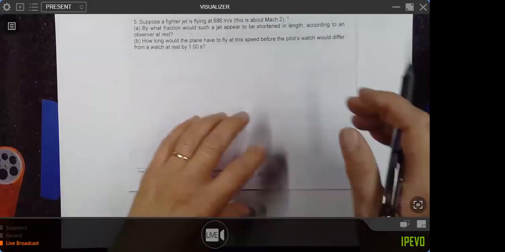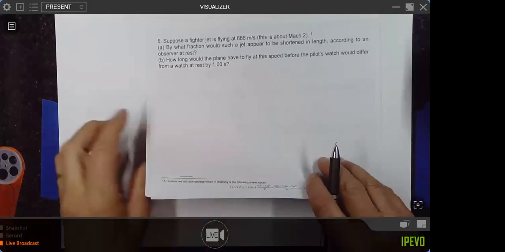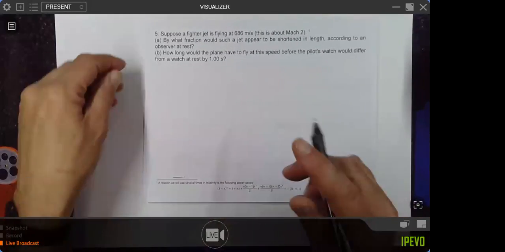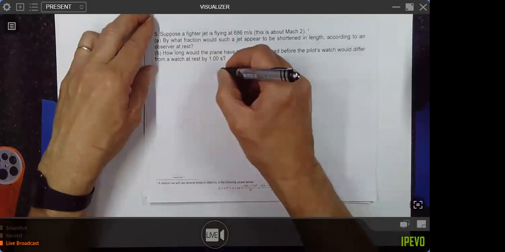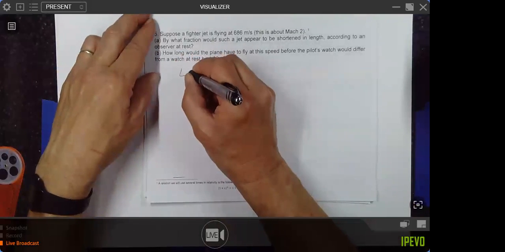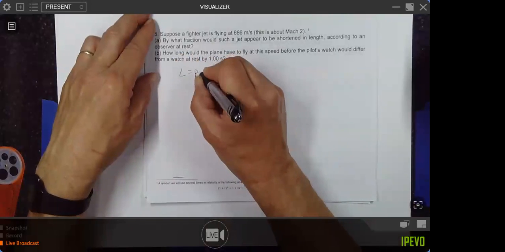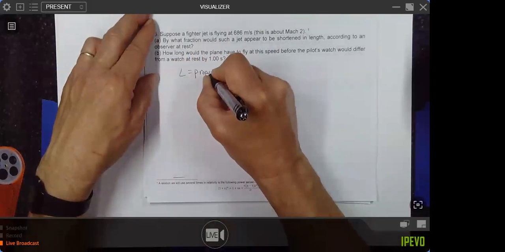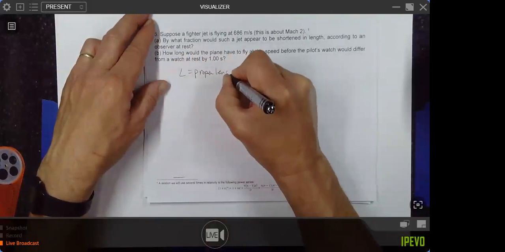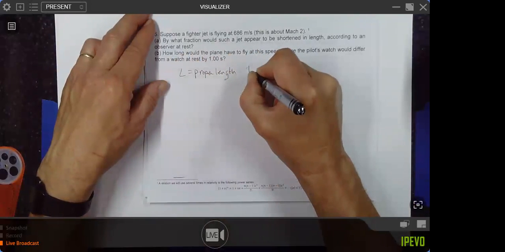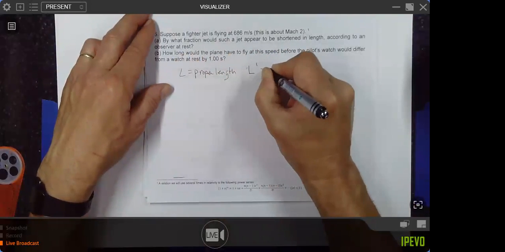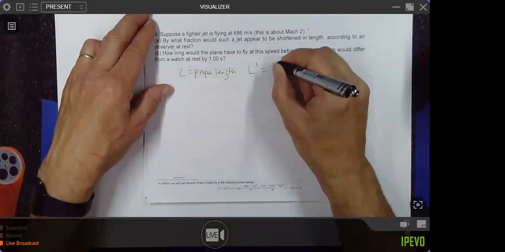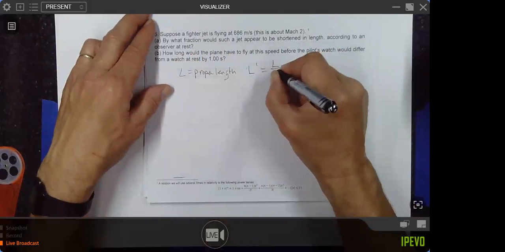Now, the fraction it would be shortened in length is going to be its, we'll have L, which is going to be the proper length. L prime is the relativistically shortened length, which is L divided by gamma.